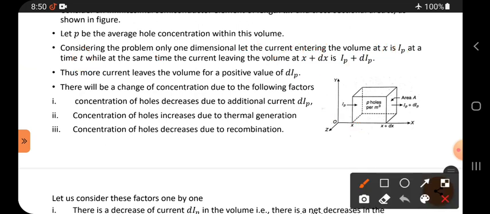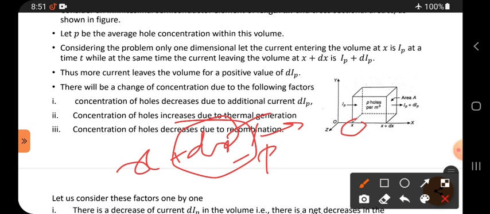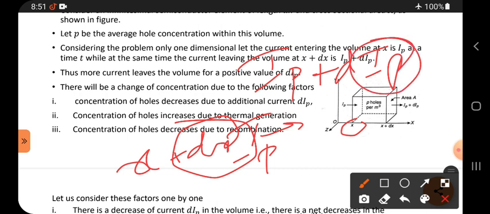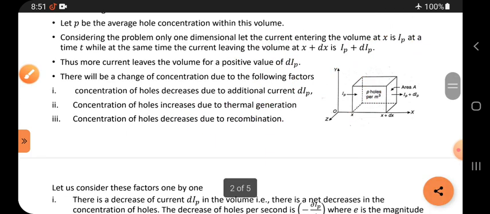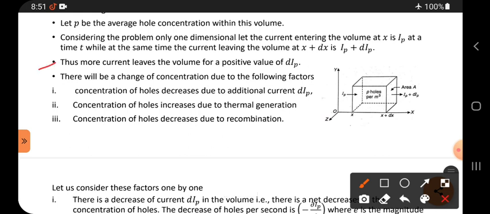So the current enters the volume as Ip at distance x, and after traveling dx distance, a small amount of current, dIp, is added to Ip. That is because of the hole concentration present inside the small volume. Thus more current leaves the volume for a positive value of dIp, so the outgoing current is somewhat greater than the incoming current.